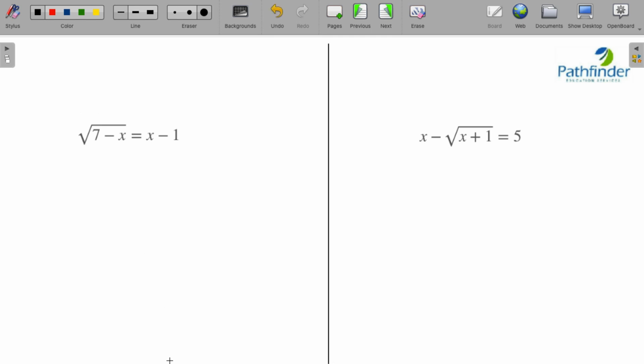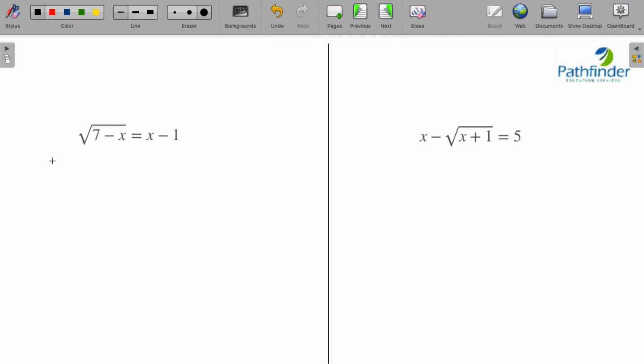So the first equation: under root of 7 minus x is equal to x minus 1. To solve these equations, we will have to make a transformation because we cannot make any operation under the square root. Therefore, we will just square both the sides.